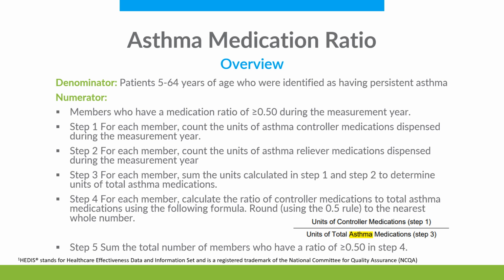So you take units of controller medication, which you got from Step 1, and you divide it by units of total asthma medications that you found in Step 3. Finally, in Step 5, you sum the total number of members who have a ratio of 0.5 or greater in Step 4.